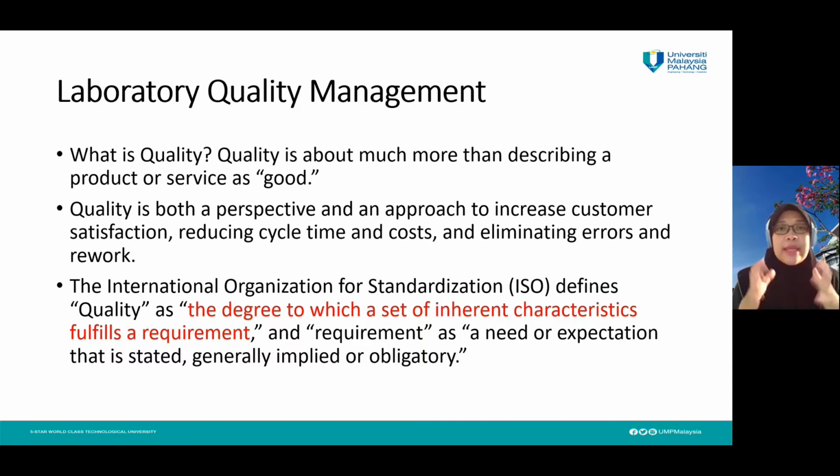But if they are trying to eliminate those errors and rework, they are actually trying to fulfill the quality management system. The quality management system, the ISO 9001 or 17025, is not trying to get perfect work, a perfect 0% error, but they are trying to reduce.